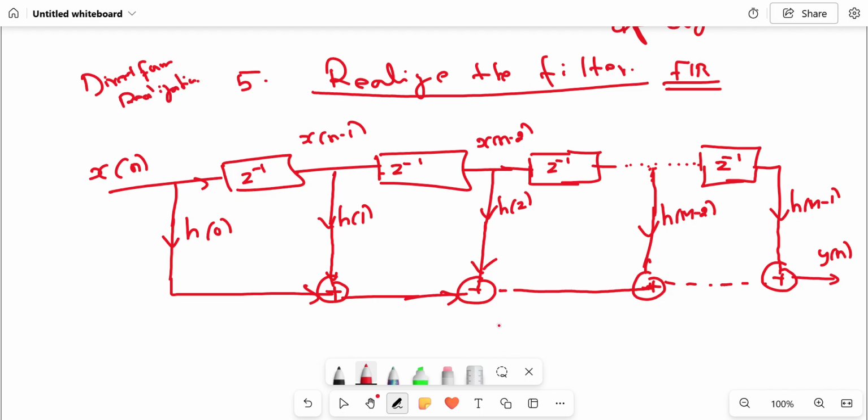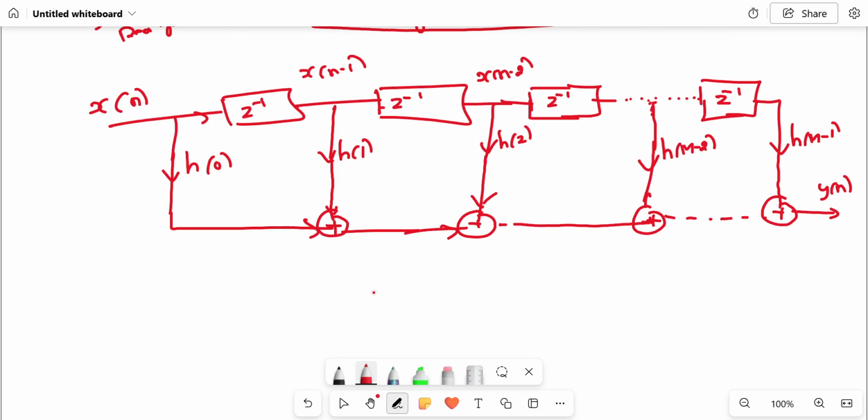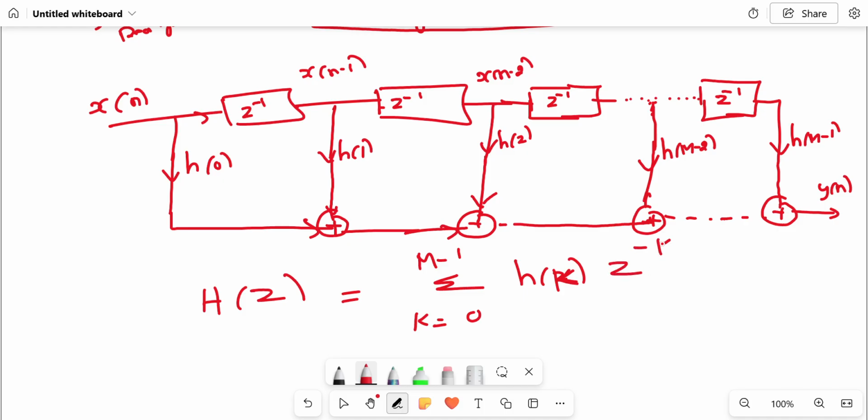So this realization belongs to the equation H of z is equal to the summation of k equal to 0 to M minus 1 of h of k into z power minus k.